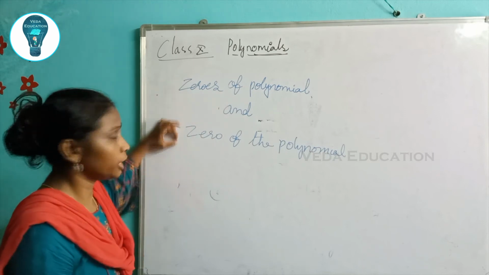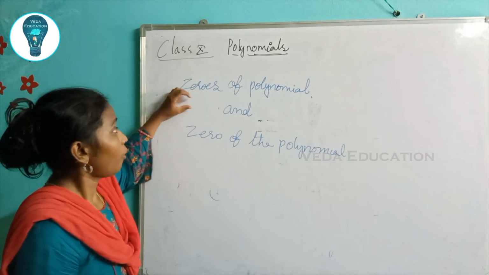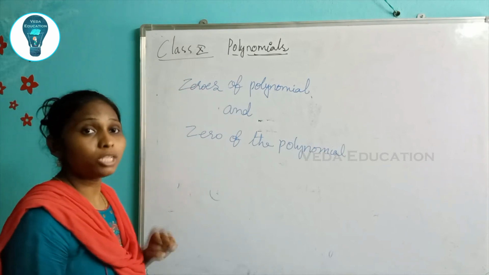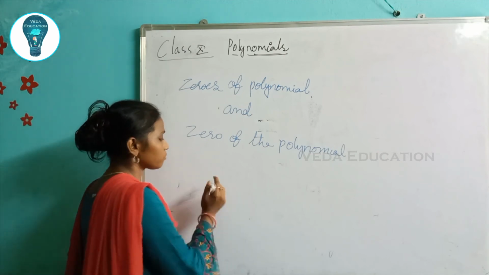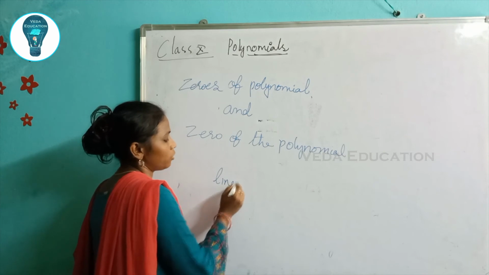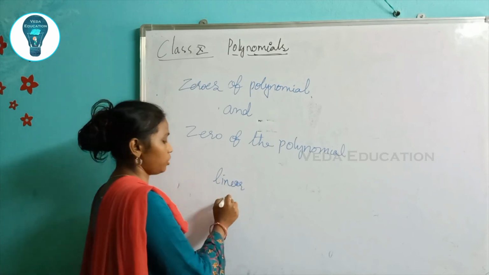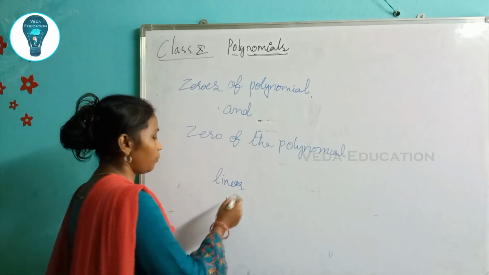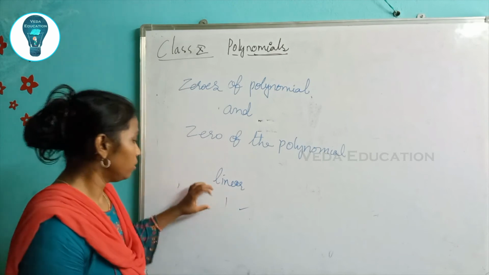What is the difference between these 2? Zeros of the polynomial means how many possible zeros can we have for the given polynomial? For suppose linear, how many zeros? Without doing calculation, based on degree, we can say that the linear polynomial degree is 1. So zeros of the polynomial for a given linear equation is 1.